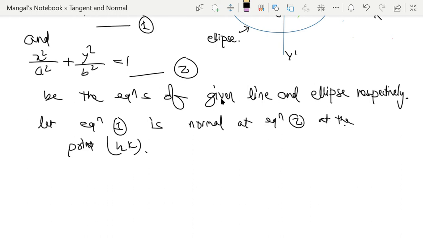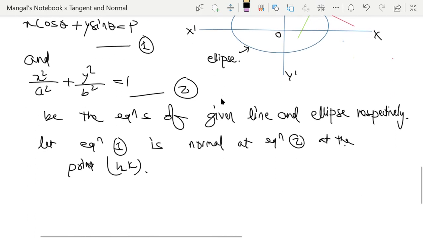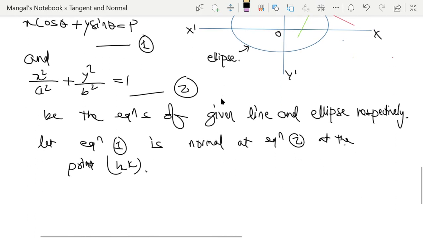So the given line x cos theta plus y sin theta equal to p will be normal to x square upon a square plus y square upon b square equal to 1 at the point h, k we have supposed.